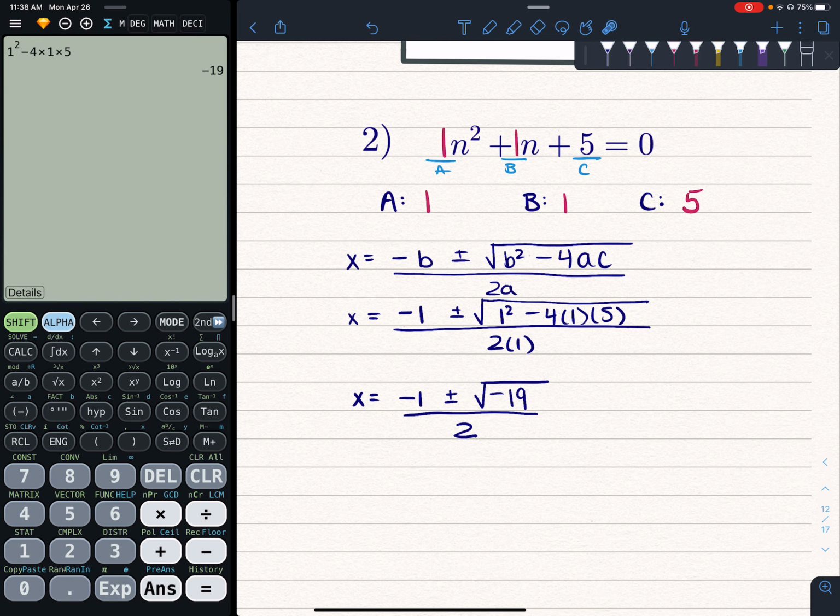Because we have the square root of negative 19, it means that we can't solve this one. This actually has no solutions. And that would be your answer. And you can just point over to the negative 19 and say, well, this is why we can't solve this.